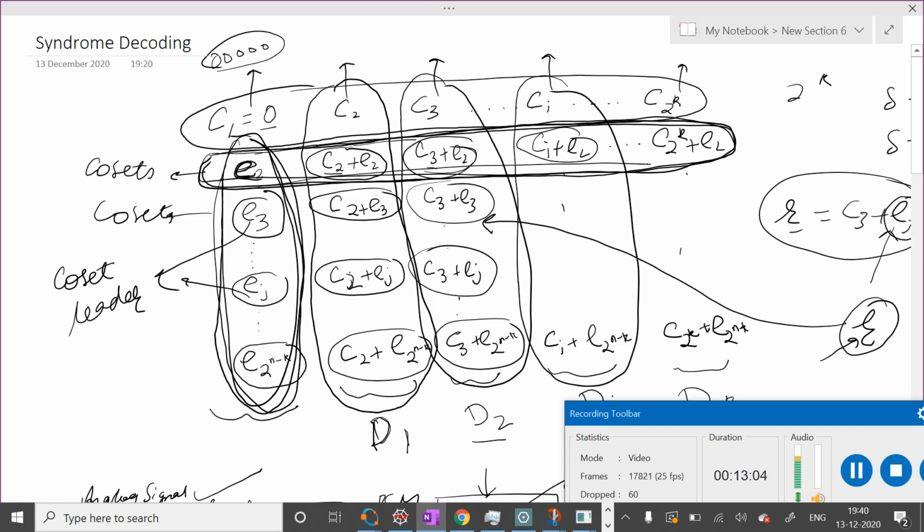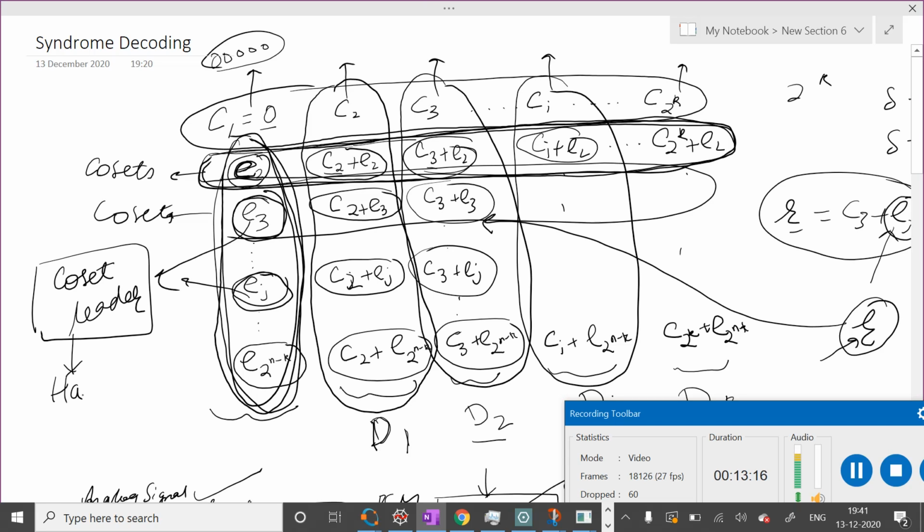This is one coset, this is another coset, and the first basic error pattern is called the coset leader. The coset leader is chosen such that its Hamming weight is minimum of all error patterns. This is the rule. I will tell you later on why it is so.